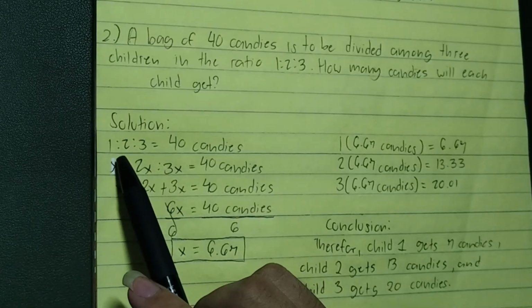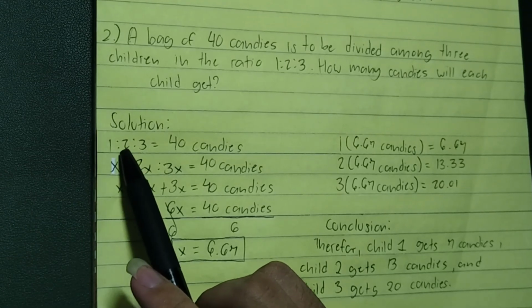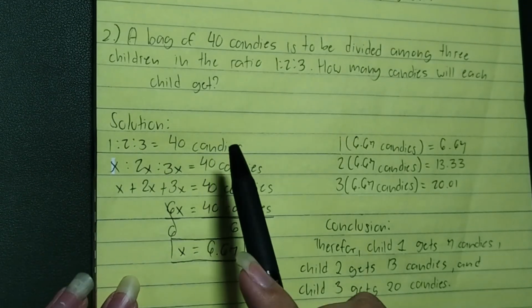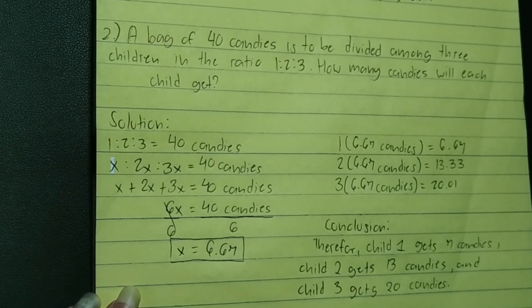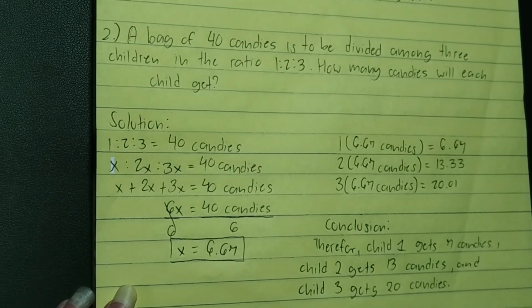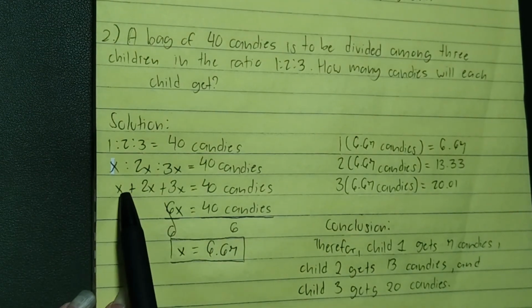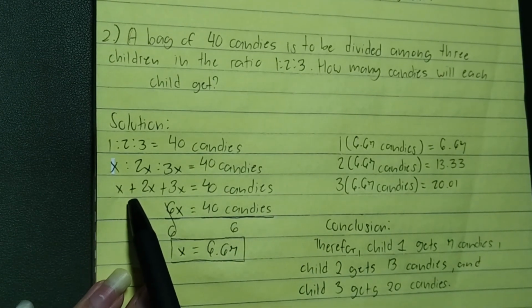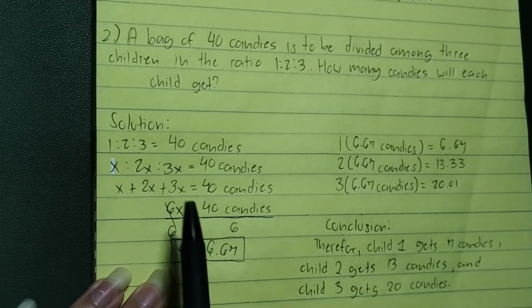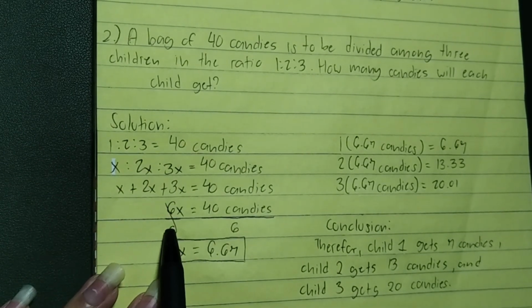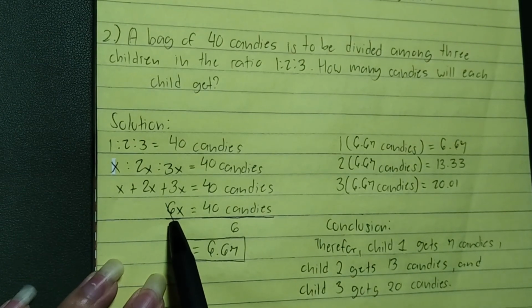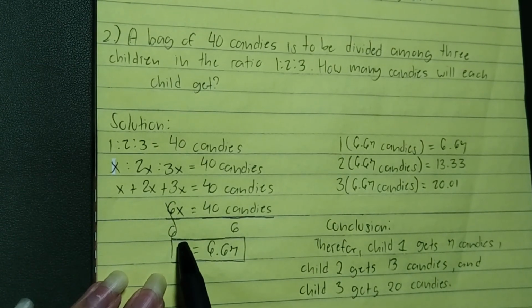So we write it like this again: 1:2:3 equals 40 candies, and then combine like terms. We're just going to add once again like we did in example number 1. So x plus 2x plus 3x, that will give us 6x, and then divide both sides by 6.